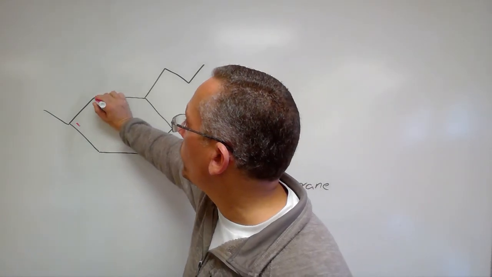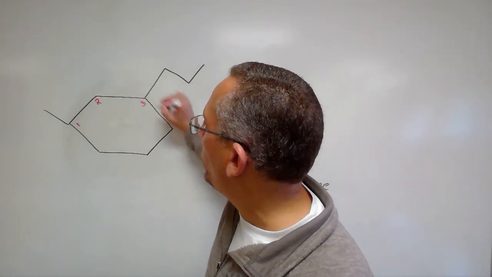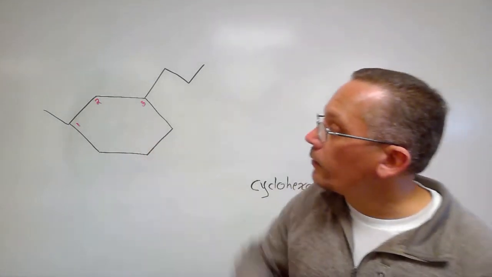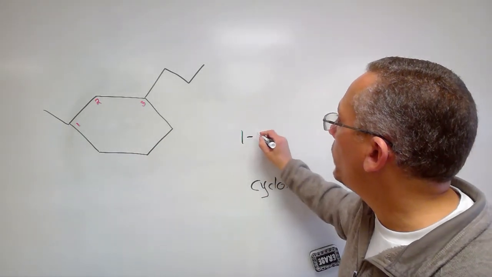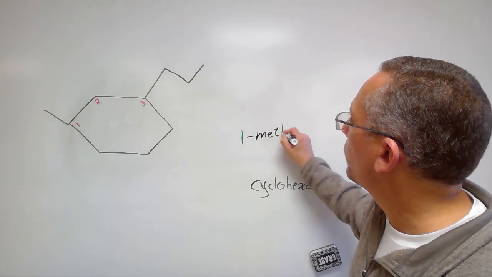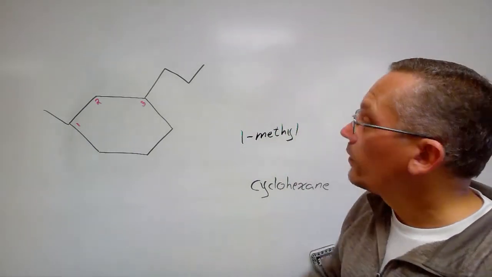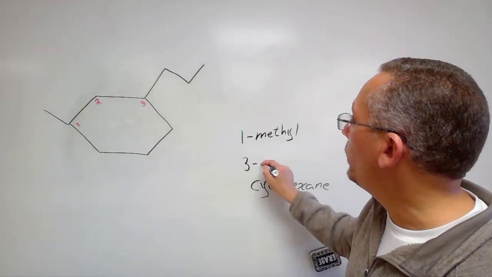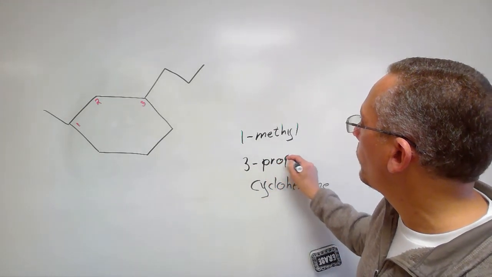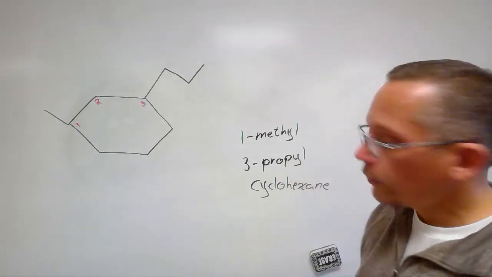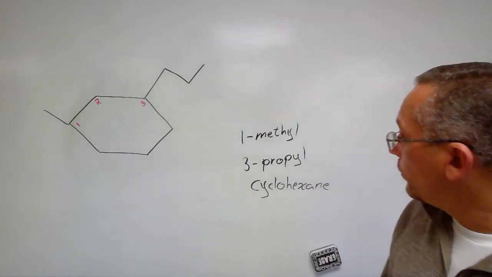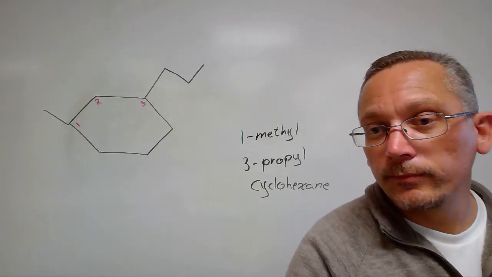And then this would be carbon 2, carbon 3, and so on. Right. So that methyl branch is on carbon number 1. So we would say 1-methyl. And that propyl branch is on carbon number 3. 3-propyl. So that one we could call 1-methyl-3-propylcyclohexane.